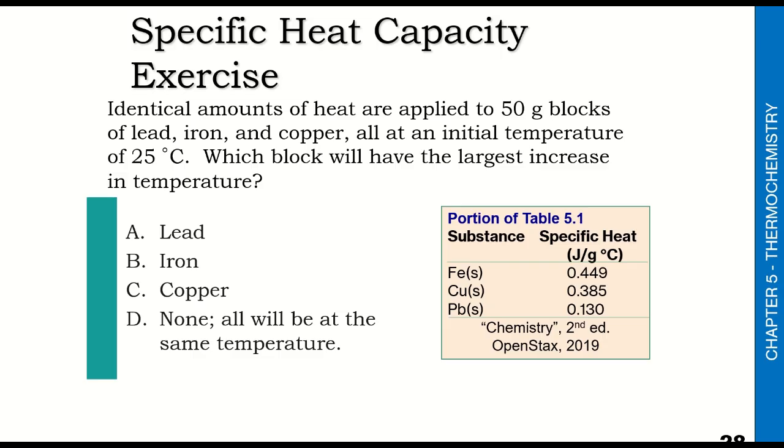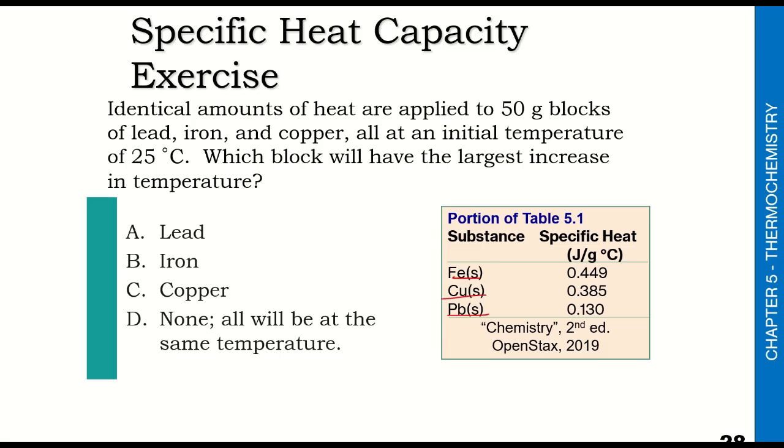So here I have an example for you, just to see if you understand the concepts. Identical amounts of heat are applied to 50 gram blocks of lead, iron, and copper, all at the initial temperature of 25 degrees. Which block will have the largest increase in temperature? So we have here the specific heat for each of the materials.